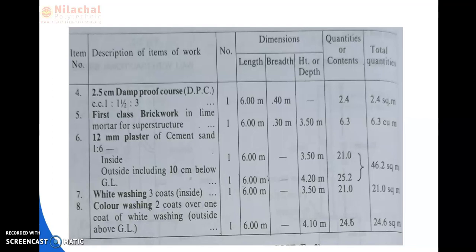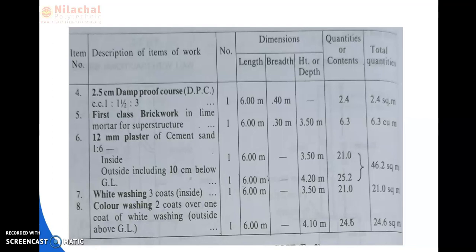I write down item number 7, and the description of the item is whitewashing 3 quarts inside. The whitewashing is provided on the inside only. How many coats? 3 coats inside. So first of all, calculate the length. Length is the same 6 meter because a 6 meter wall is provided.